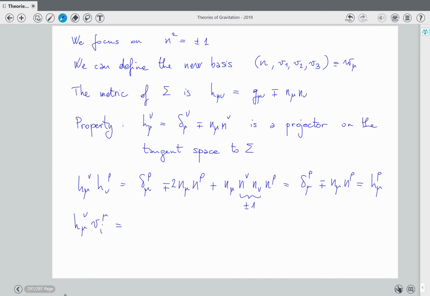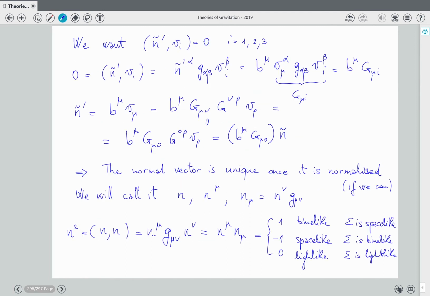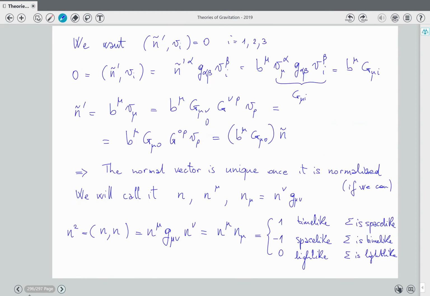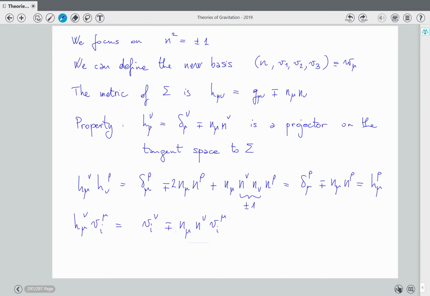Why? Because that is equal to the delta, so v^i, minus plus n^mu n_nu v^i_mu, but this is the property of the normal, which is orthogonal to v^i. So that is equal to v^nu.